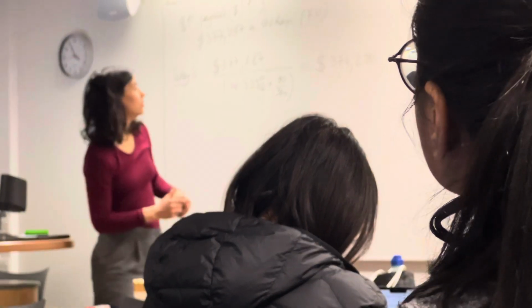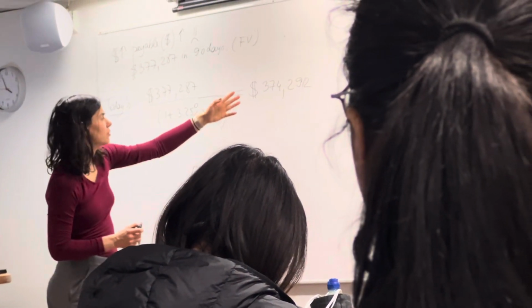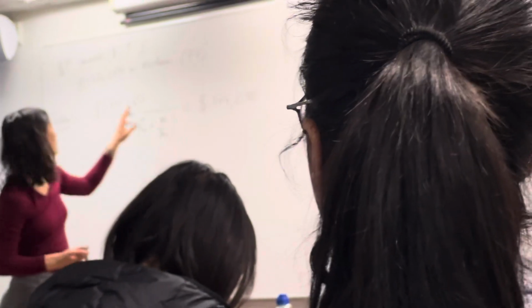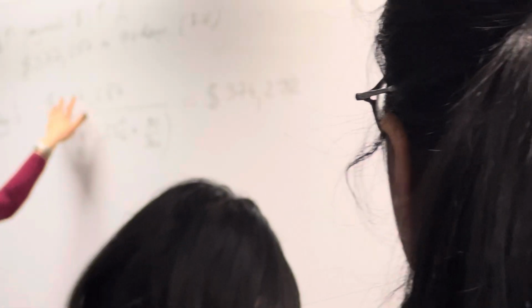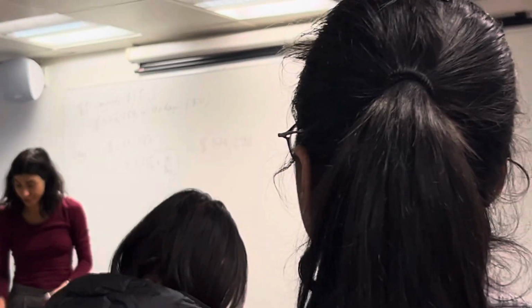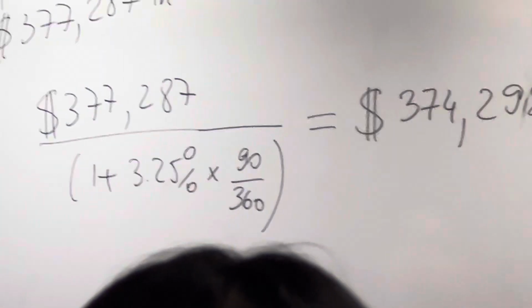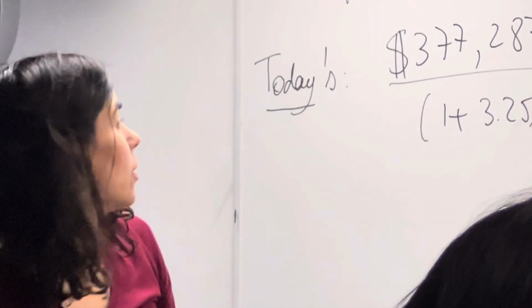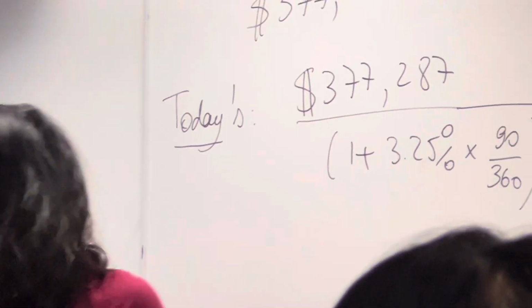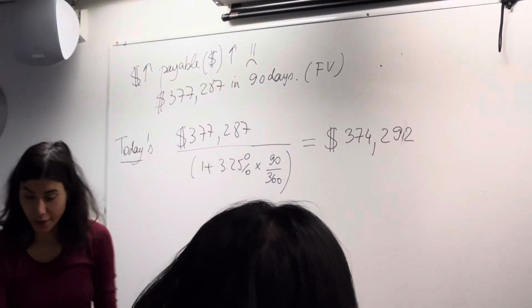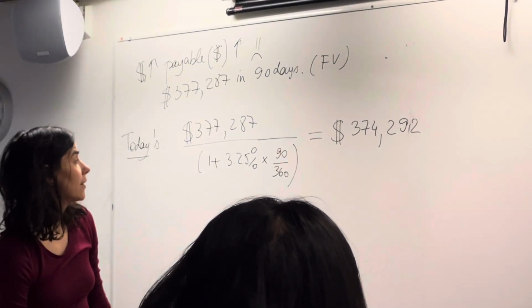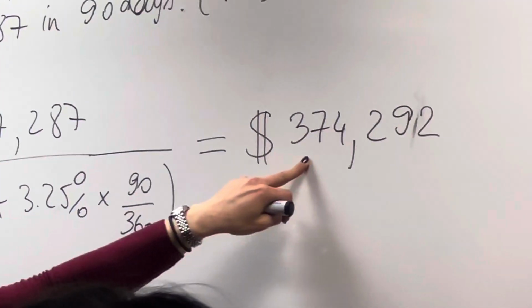Yes? Now this 377 in the future is 374 in today's terms. So now I know that I need to get some currency, some yen. Is it yen? Yes, Japan. I need to get some yen and convert them such that I get this amount.